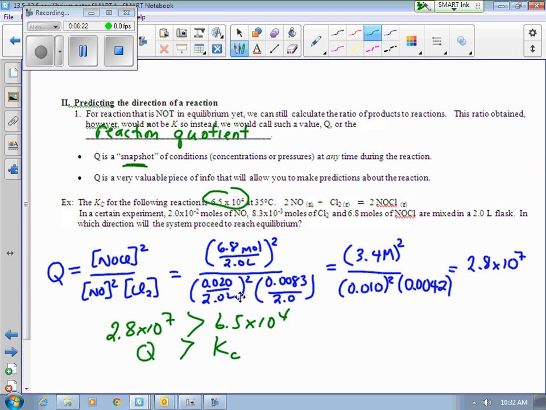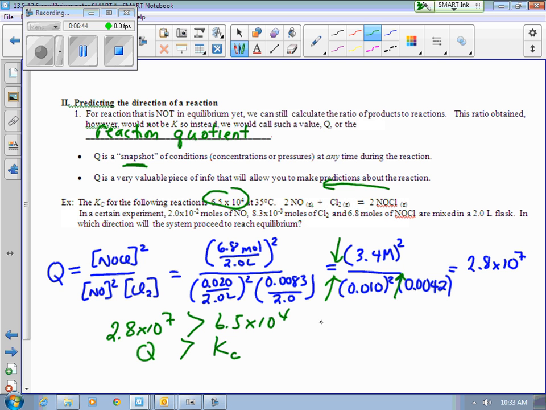So which way are you going to shift to reach equilibrium, to get this number to equal this number? In order to lower the number, you're going to have to shift the reaction to the left. You're going to have to get rid of some of the product and increase the reactants, so you shift the reaction in the backward direction.